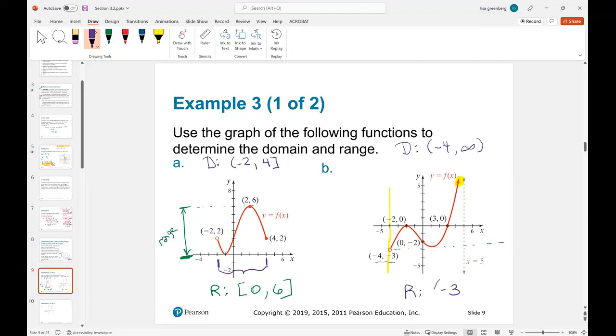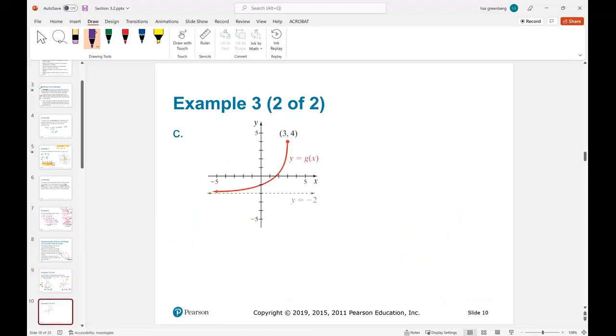But again, I got an open circle, so it doesn't start there. It goes right past it. And I go all the way to positive infinity because it just keeps going on forever because of that arrow. And yeah, I don't think I have anything else I can say about that.